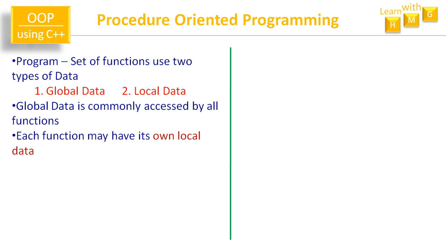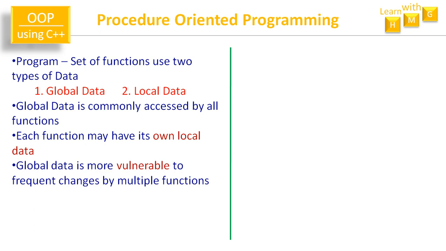Apart from that, each function may have its own local data. Generally we declare variables within the function, which are known as local variables, and these local variables represent local data, and the variables declared outside the functions represent global data.